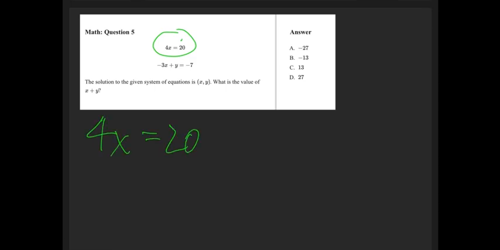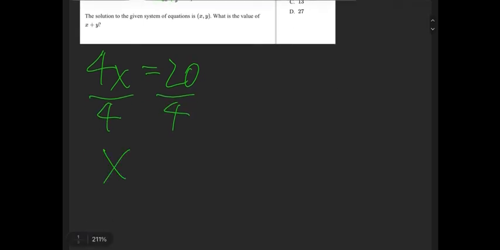Problem 5. The solution to the given system of equations is (x, y). What is the value of x plus y? The first thing that you should notice when you see this question is this simple equation right here. 4x equals 20. Dividing both sides by 4 gets us x equals 5.